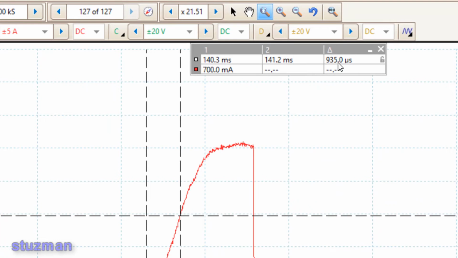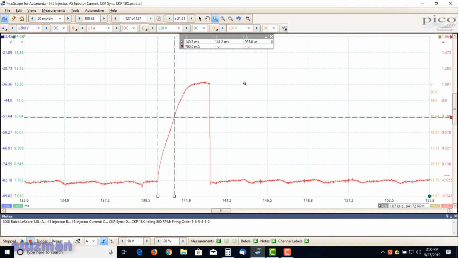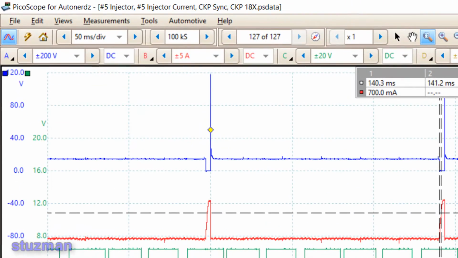Now if we look up there, we can see that we have 935 microseconds between these two cursors. Another thing that I like to get is the resistance of this inductor. We have a voltage up here, the voltage for the inductor, measured across the control side of the inductor.